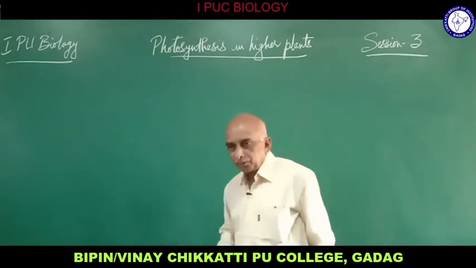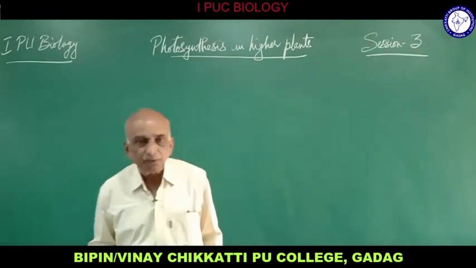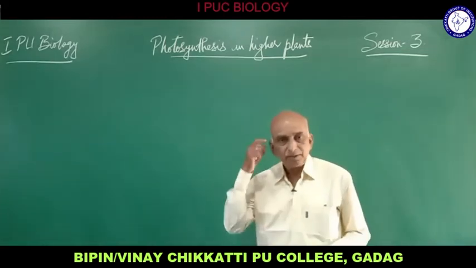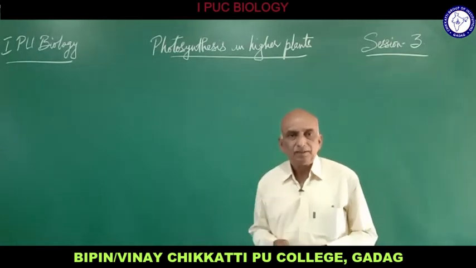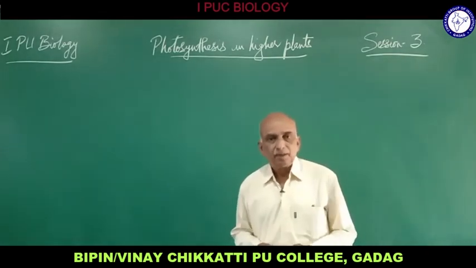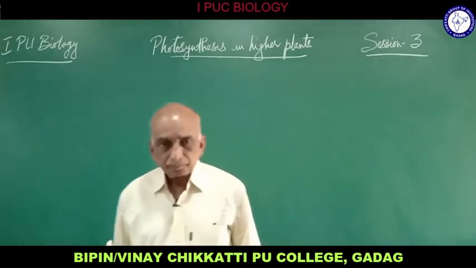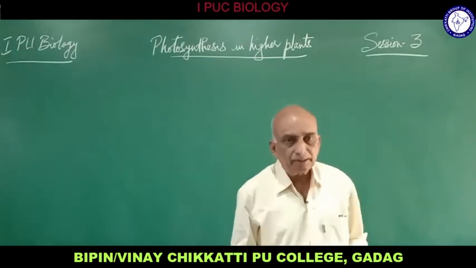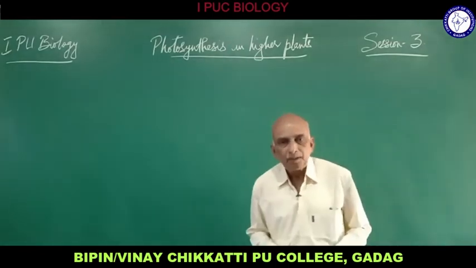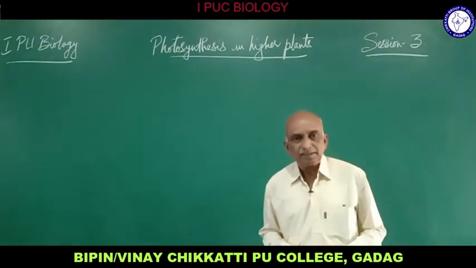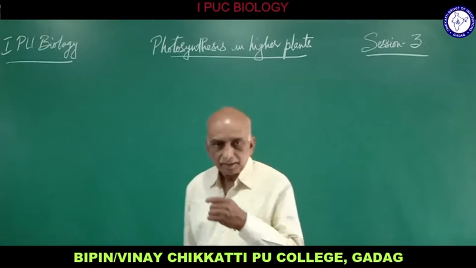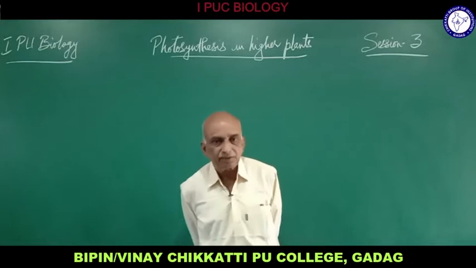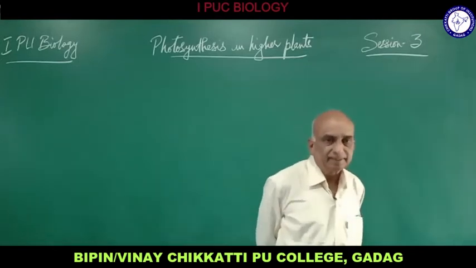Now before photophosphorylation, there is photoexcitation. The excitation of the electrons in the reaction center of the photosystem takes place. Photons of the light reach the photosystem and the reaction center, which in case of PS1 is P700, and in case of PS2 is P680.